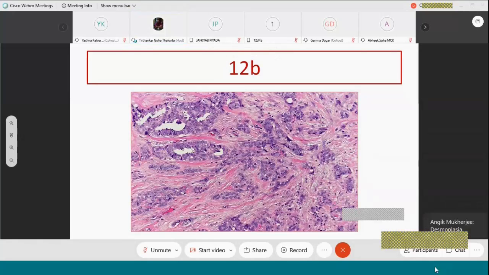Adenocarcinoma with dense fibrosis. No, what is the name of the tumor? This is called duct carcinoma of breast, which was previously called scirrhous carcinoma. The duct carcinoma NOS that we talk about, this is that tumor.